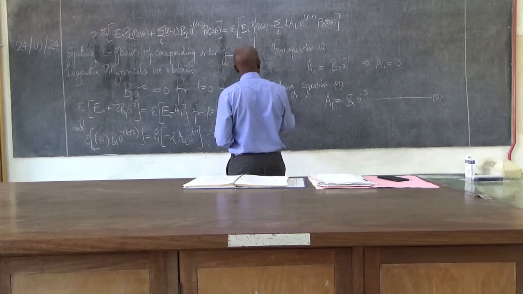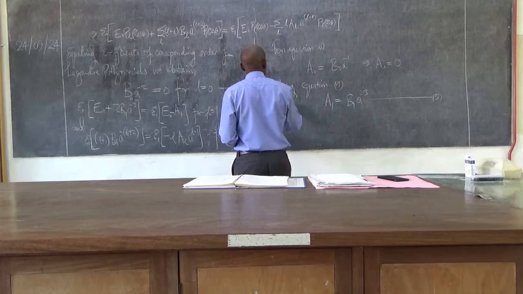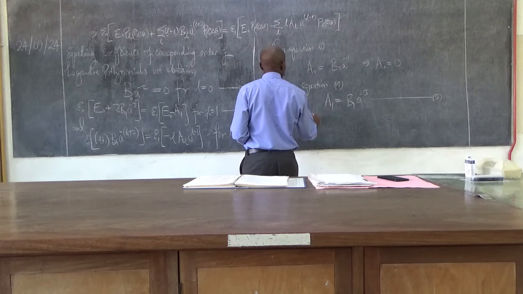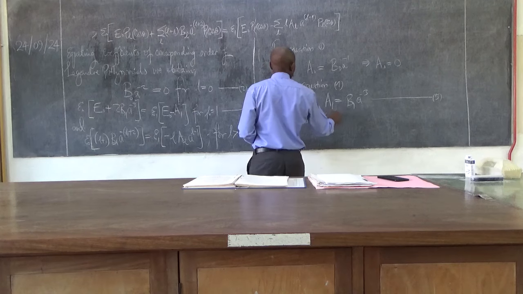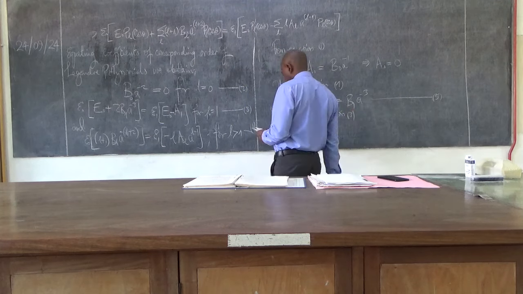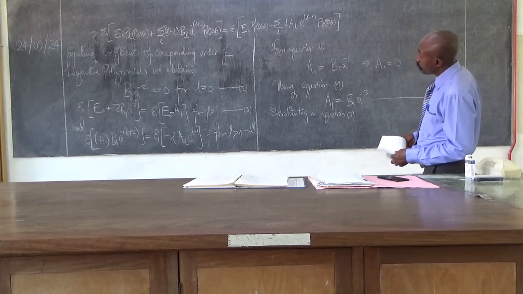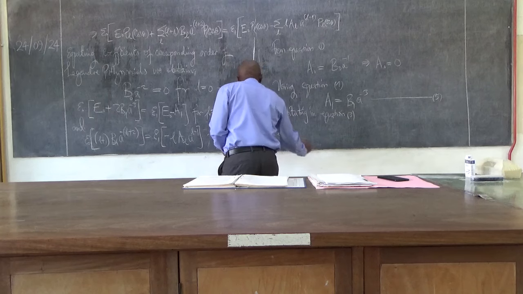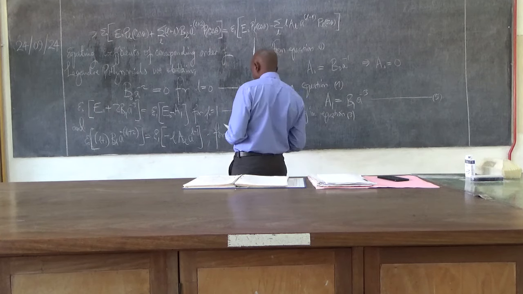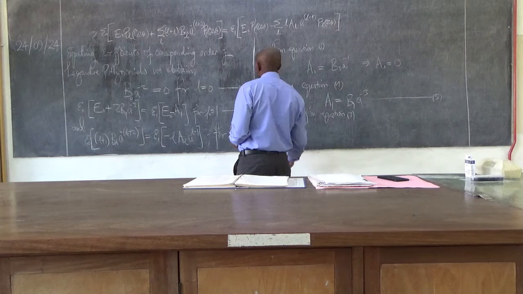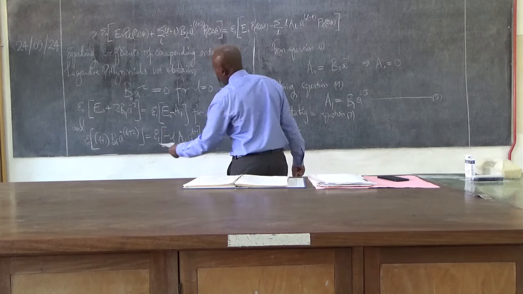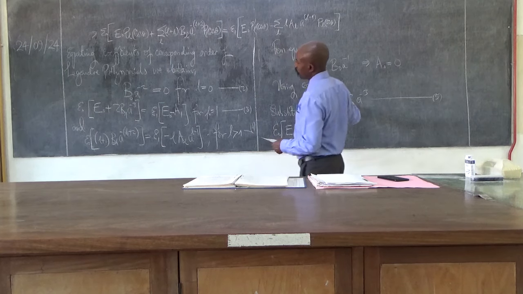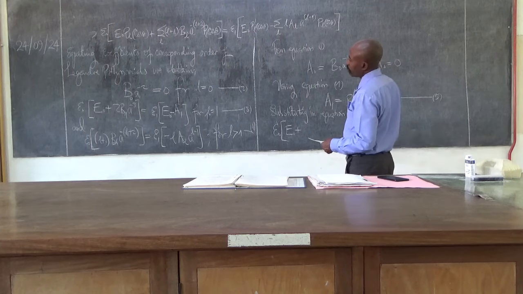Substituting in equation 3, then we would have equation 3 is epsilon naught into E naught plus 2B1 A minus 3, which we are saying is equal to A1 is B1 A to minus 3.